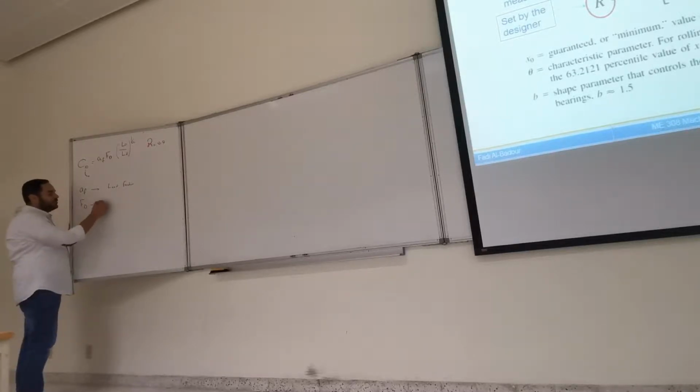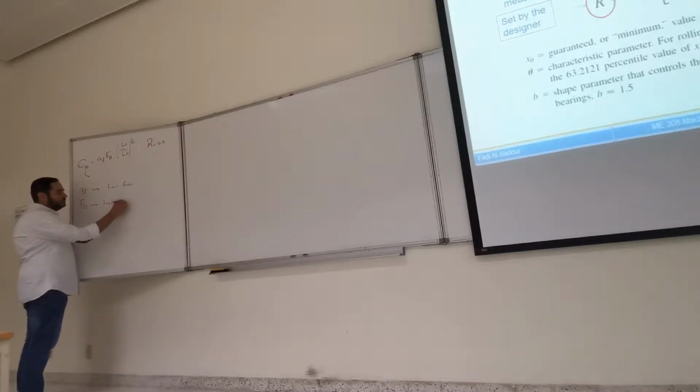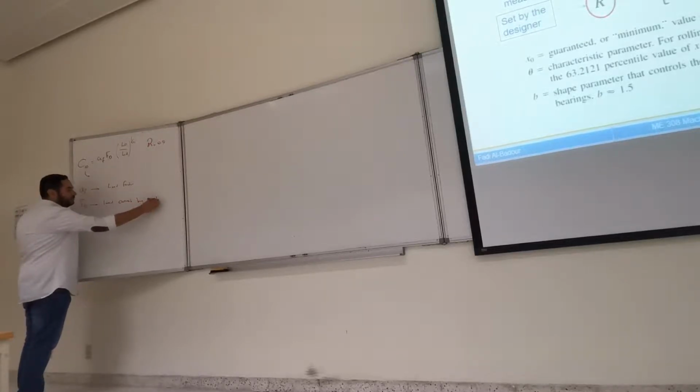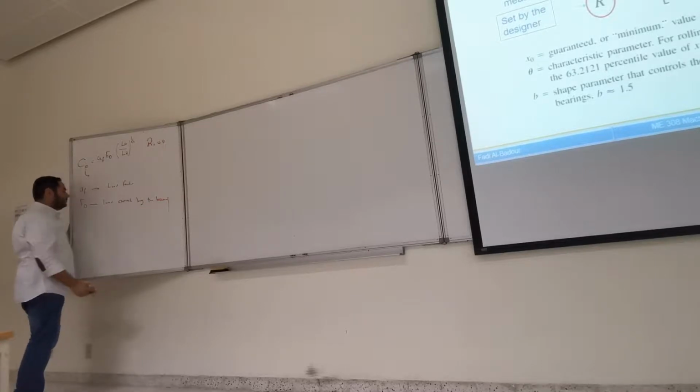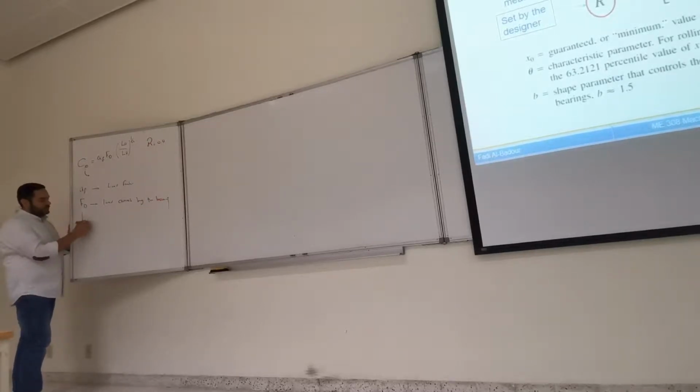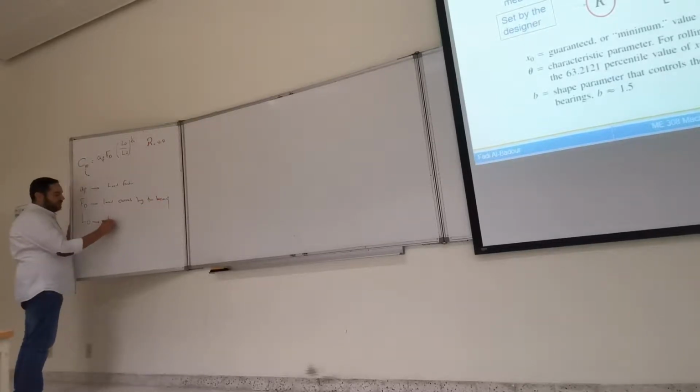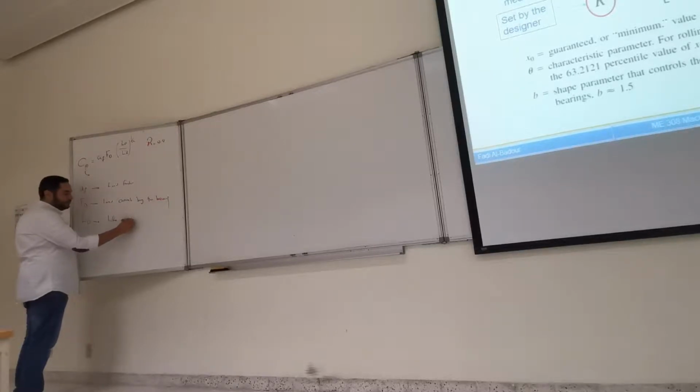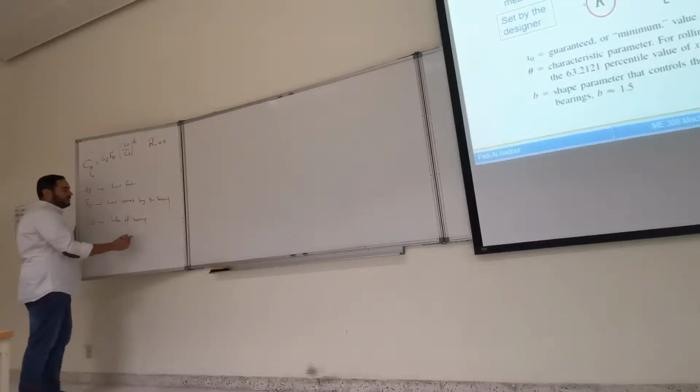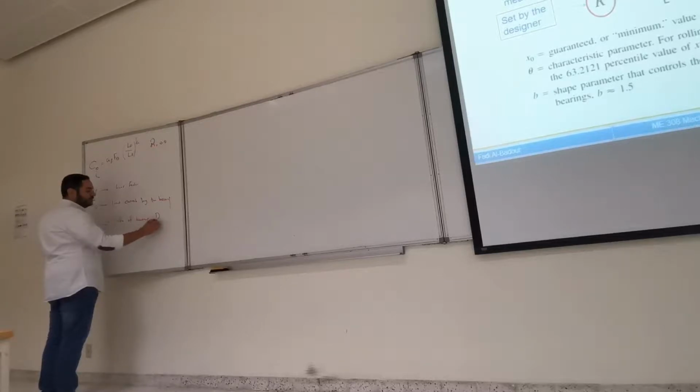FD is the load carried by the bearing, and LD is the life of the bearing. So this is actually a design requirement. I'll put it as DR, for design requirement.